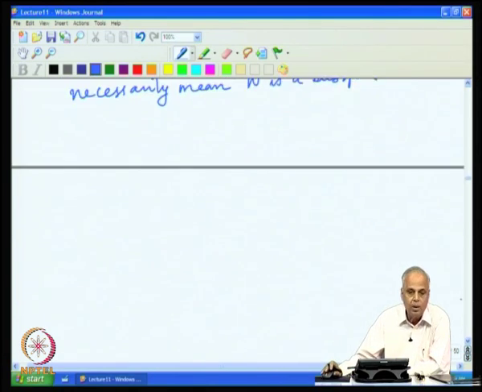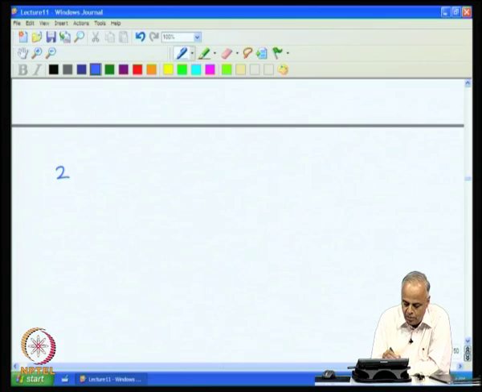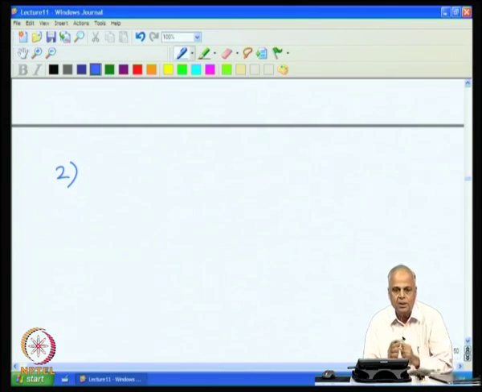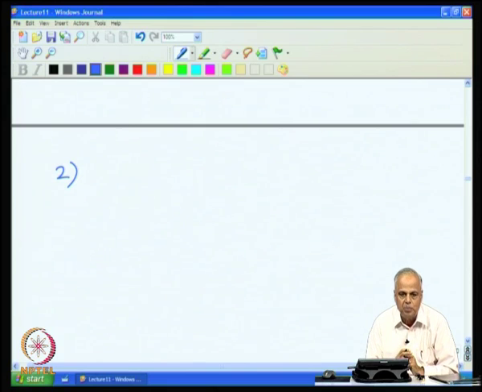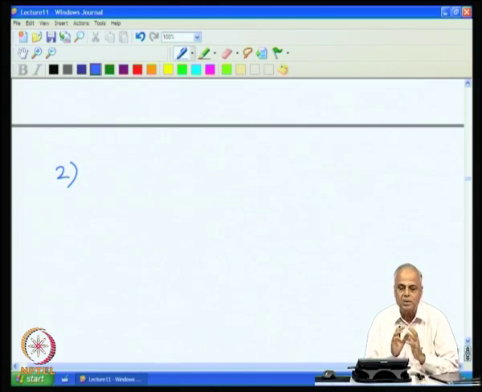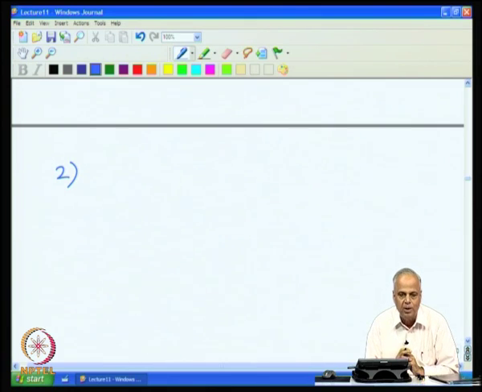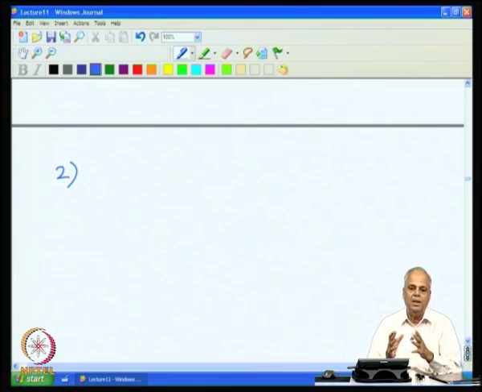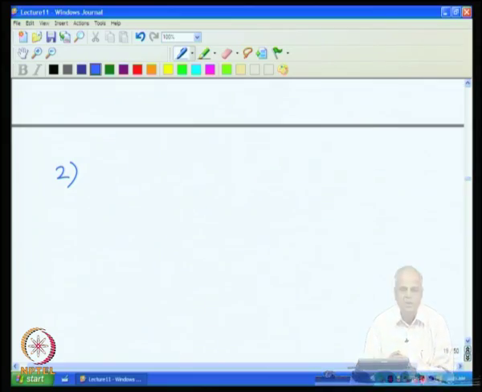The second remark that we would make is the following: we want to construct a subspace. Now, what are the things that we have to make sure? First of all, we must take some vectors because we want a non-empty set, and we want to make sure that addition takes you back to that set, scalar multiplication takes you back to that set.